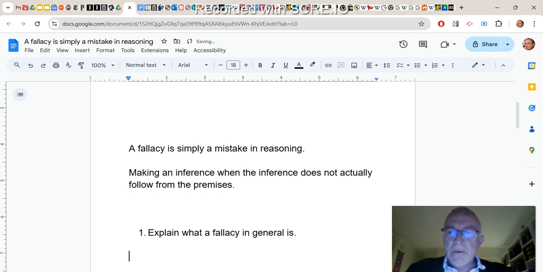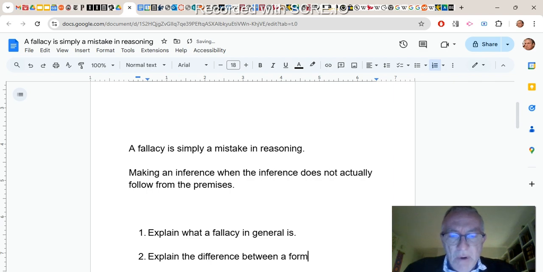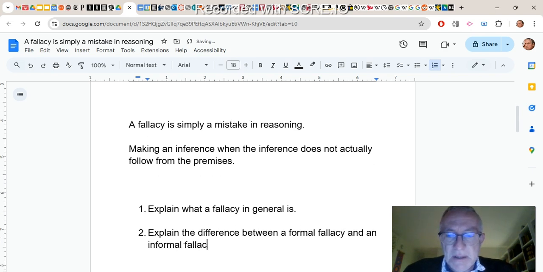And then, two, you should be able to explain the difference between a formal fallacy and an informal fallacy.